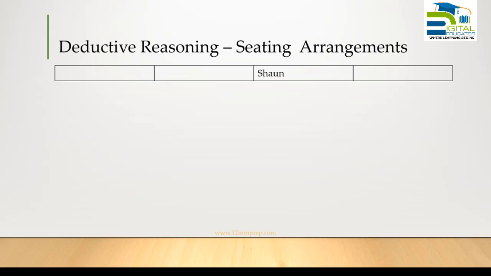In seating arrangement questions, it is imperative to draw a basic illustration that describes the structure of the question. It could be a row, or a column, or even a circle.